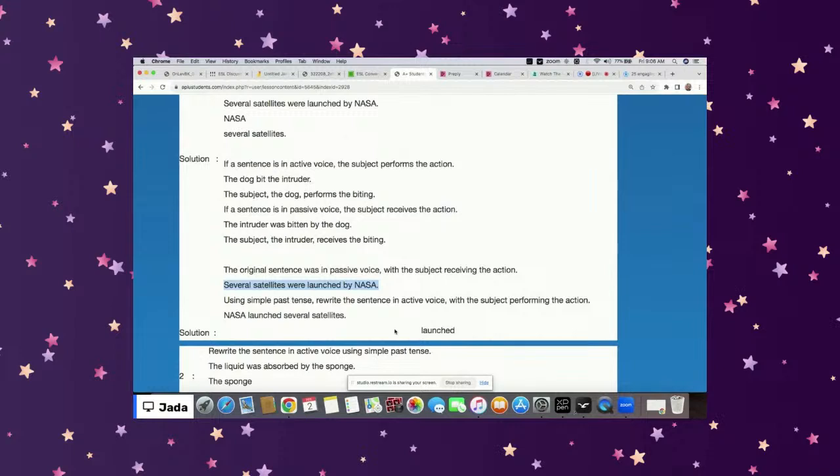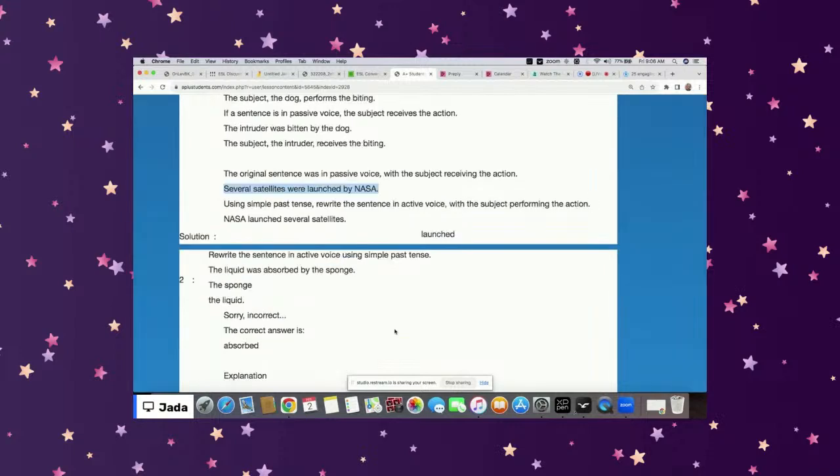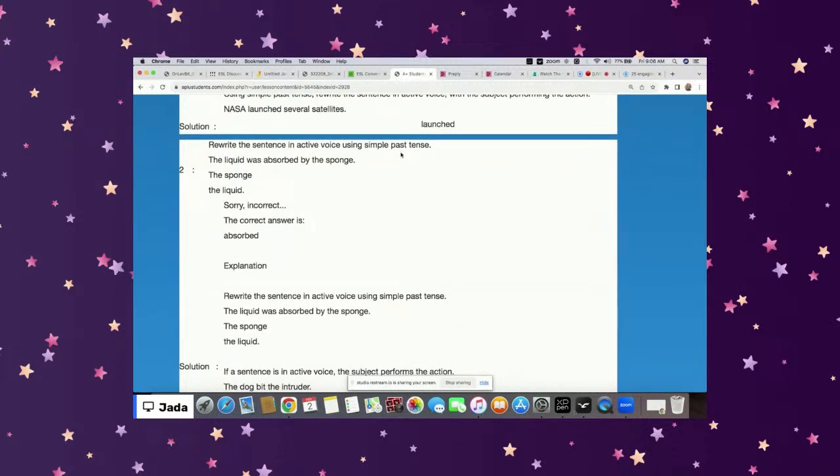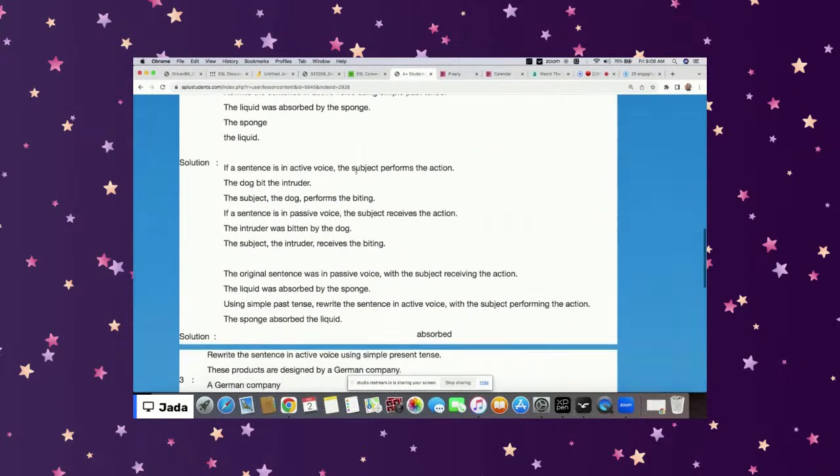Okay? So let's look at some more examples. Rewrite the sentence in active voice using simple past tense. The liquid was absorbed by the sponge. If you want to rewrite it, you would say the sponge absorbed the liquid.